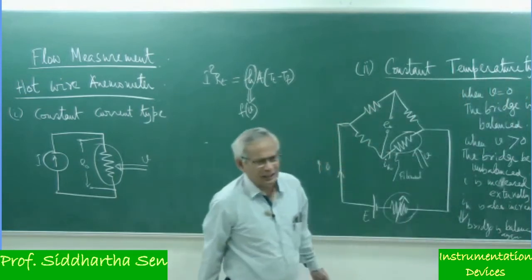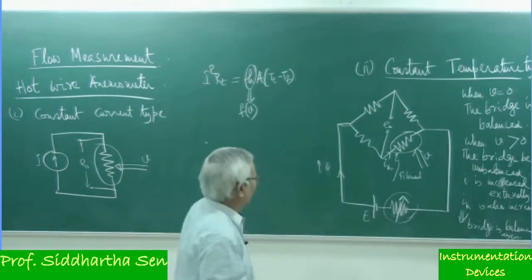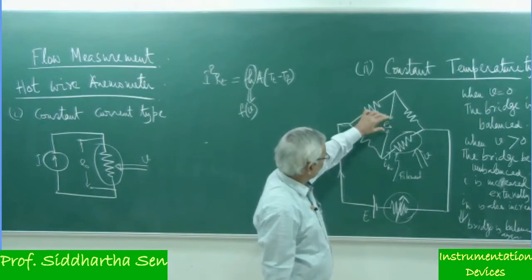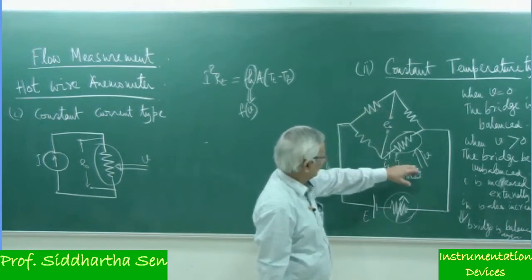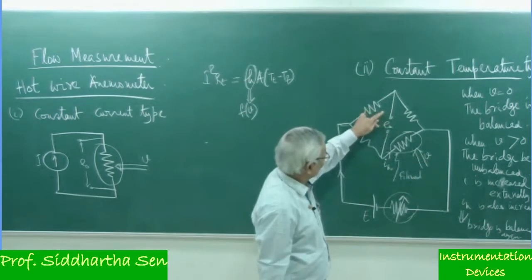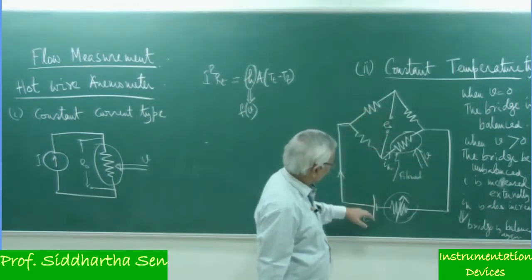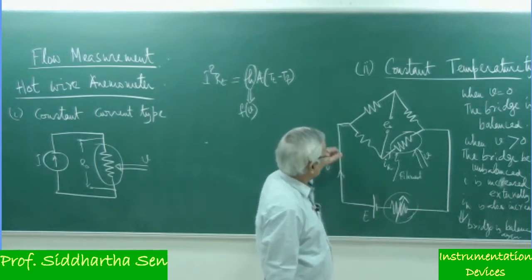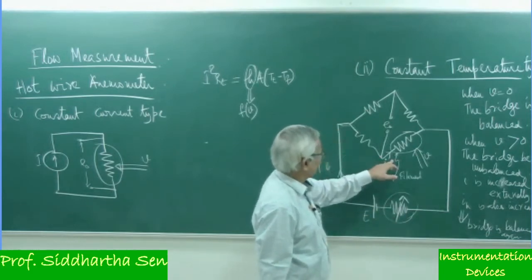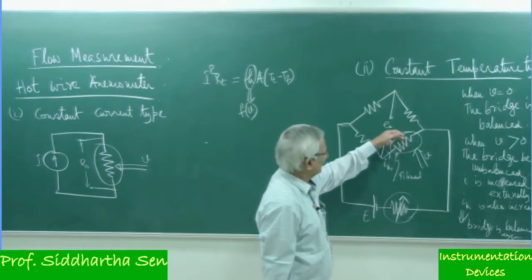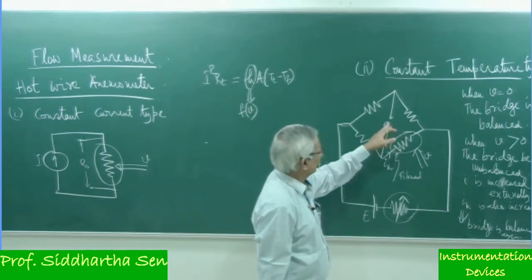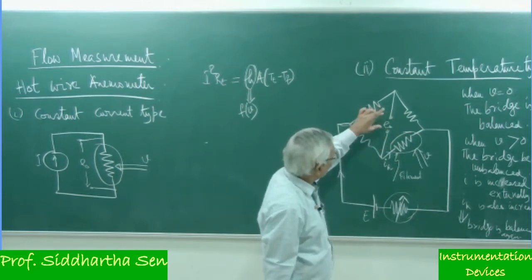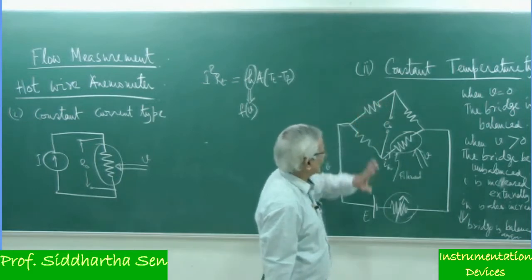At present we can think of putting some person here. Once the voltage is unbalanced, with the change in velocity, the unbalanced voltage is increased. He will increase the current by varying this resistance, so that the IH is increased, and the temperature goes back to the original one, and the E0 is back to the balance condition.